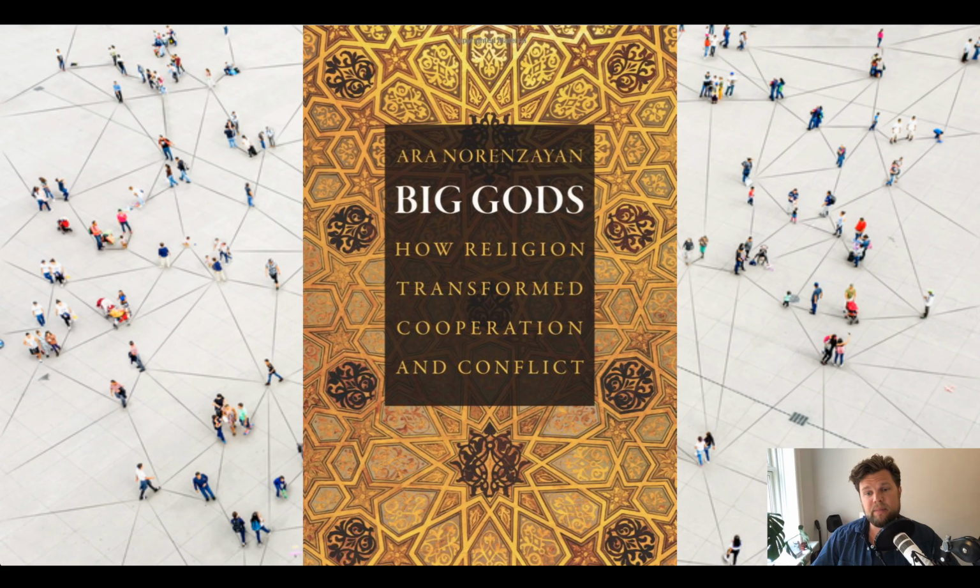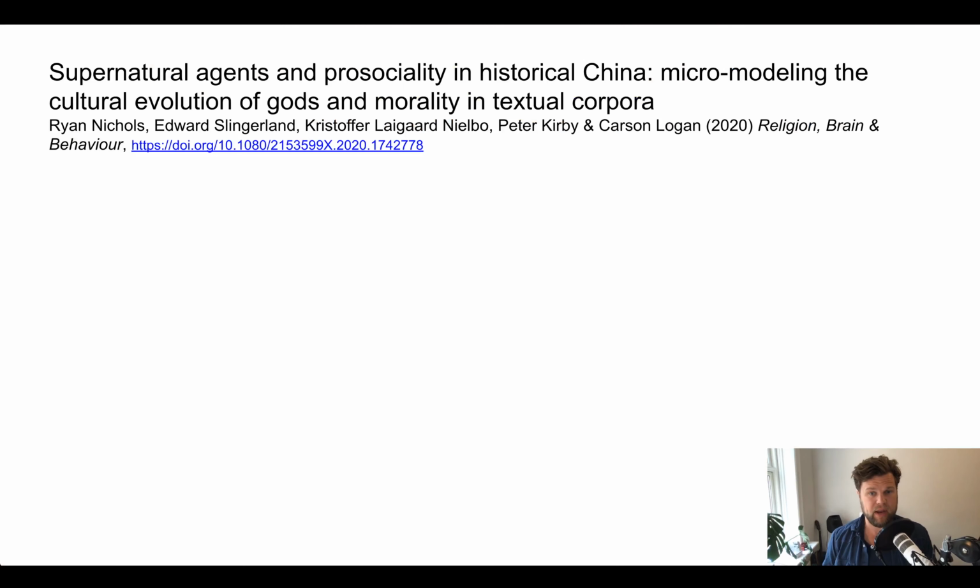Specifically, beliefs and practices related to supernatural agents that would sort of monitor people all the time and would punish you if you did the wrong thing and reward you if you did the right thing and so on. Maybe that was part of the trick, like a culturally evolved thing that helped enable large societies. So make of that what you will.